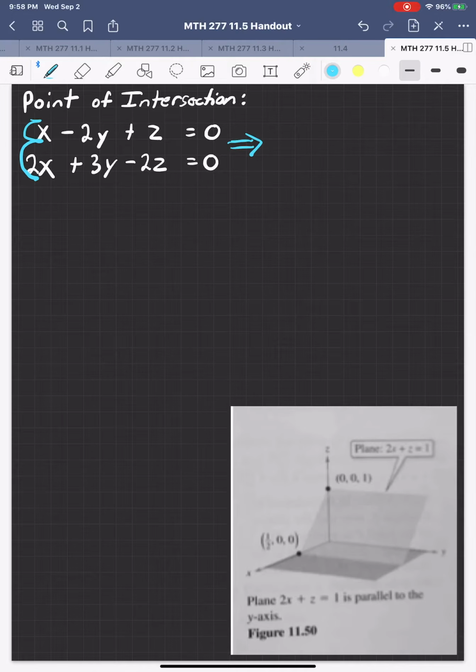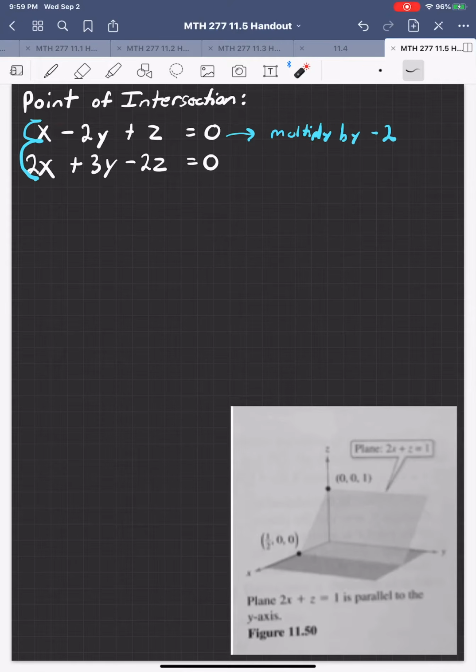So let's go ahead and multiply this top equation by -2. All right, so let's multiply this top equation by -2.